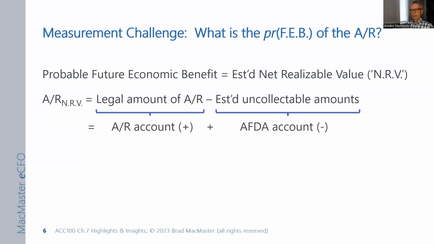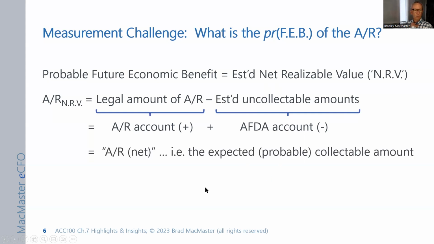And so that negative number is added to the accounts receivable host account. It looks like a difference, because the uncollectible amount is a positive number, but it's included in the allowance account as a negative number, okay? So the sum of the host account and the contra account creates what I call accounts receivable net, which means it's the expected or probable amount we expect to collect.